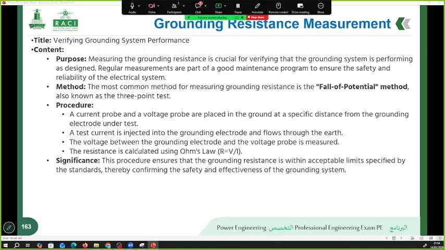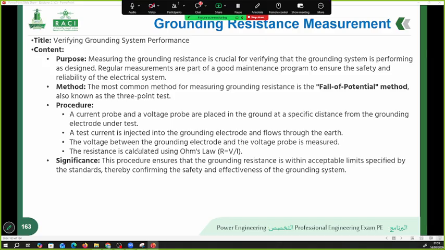Regular periodic measurements are essential because soil conditions can change and corrosion can increase resistance over time, compromising the system's effectiveness and safety. So the most common and reliable method for measuring grounding resistance is the fall of potential method.